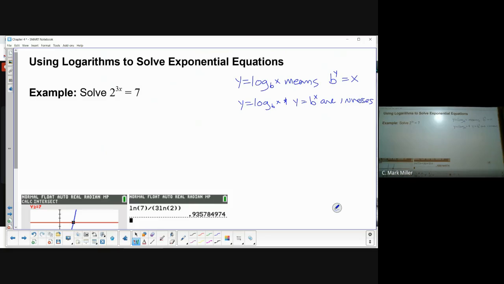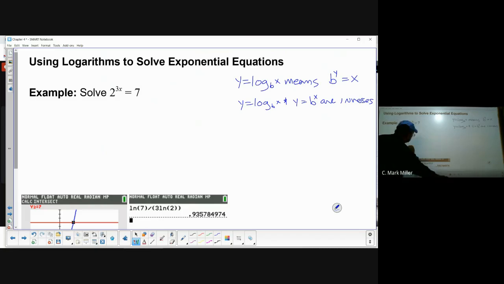Here's the good part. We don't need to do any strange log base here. We can use the log bases that we're familiar with: log base e, which is natural log, ln, or log base 10, which is common log.